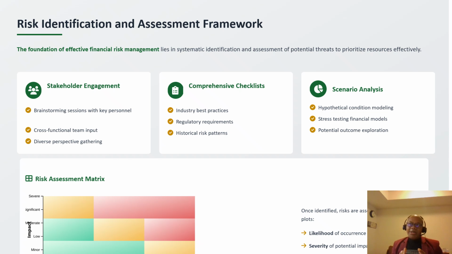One of the ways to achieve a robust risk identification is through stakeholder engagement, which cuts across brainstorming sessions with key personnel from different functions within the organization.